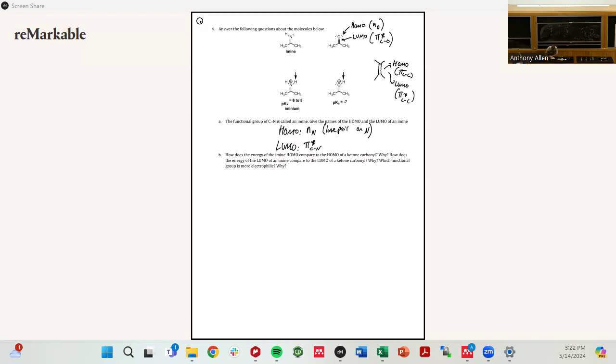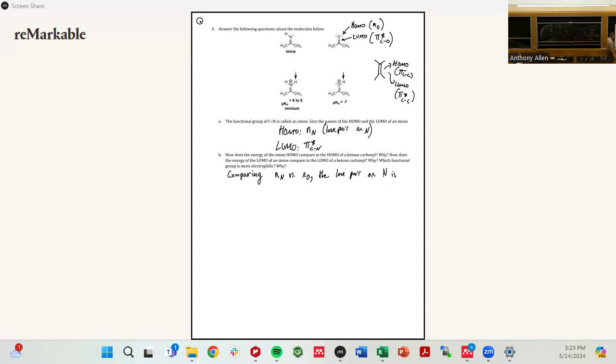Okay, so we're comparing n sub N versus n sub O. The lone pair on nitrogen is lower or higher than oxygen's?